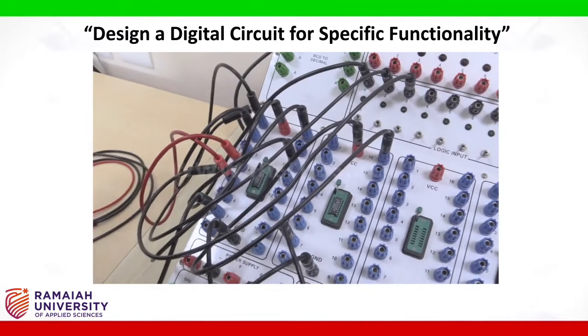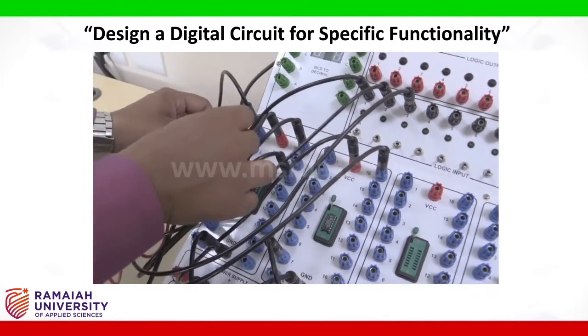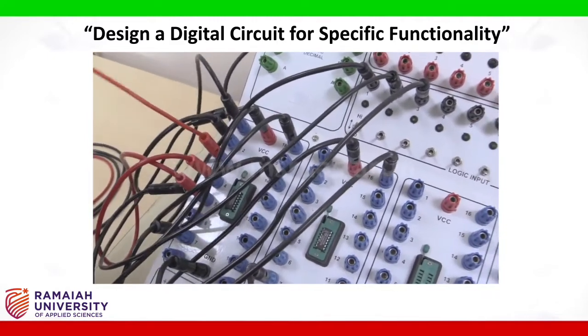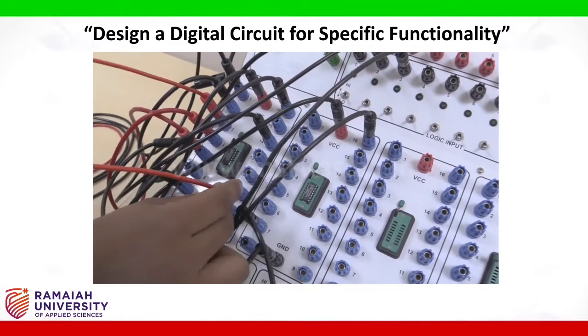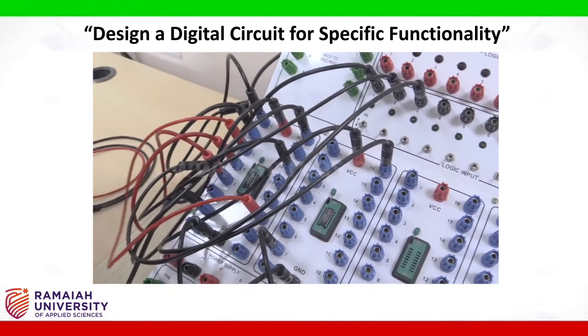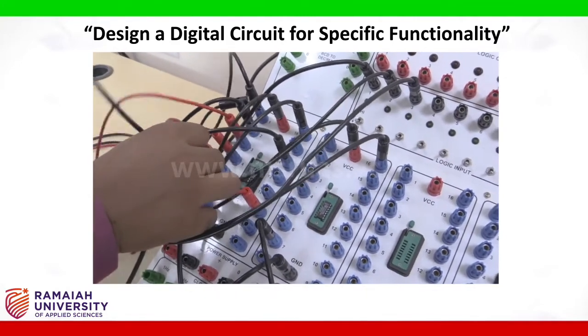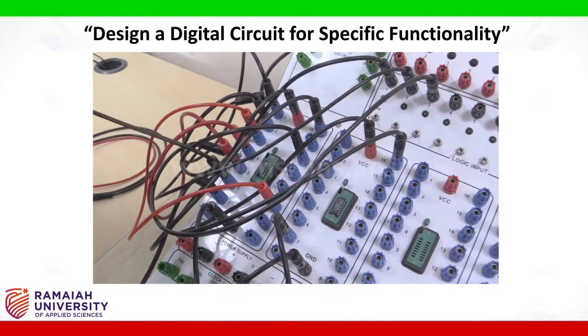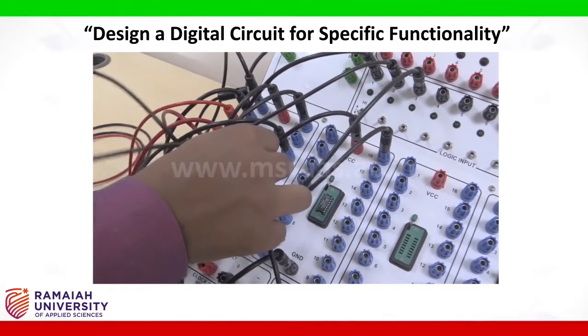Now pin number 3 of the IC is connected to pin number 9, so that is nothing but pin number 11 here. This is pin number 9, and pin number 6 of the IC is connected to pin number 10. This is here.